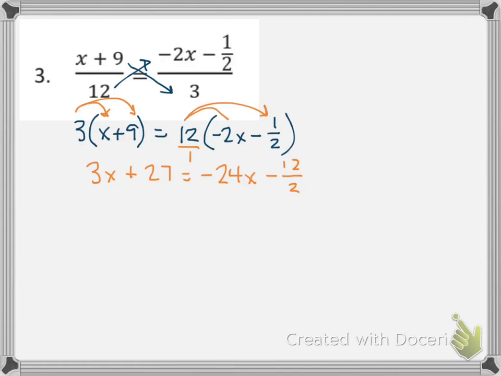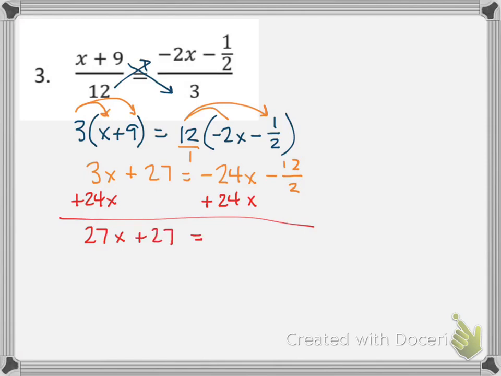Okay, so next, let's get our variables on the same side. I'm going to add 24x, so I get a positive x value. Add 24x to both sides. We get 27x plus 27 is equal to, well, negative 12 divided by 2 is a negative 6. Now we can isolate the variable.